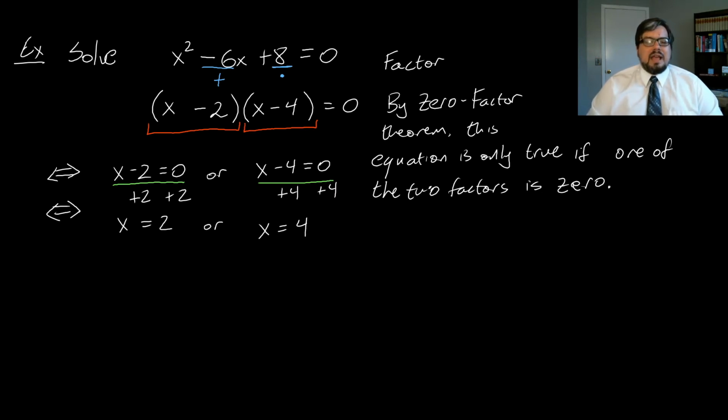And so what we have here are 2 different values of x that, according to our computations, will make the original equation true. So our solution set for this equation is 2, 4.